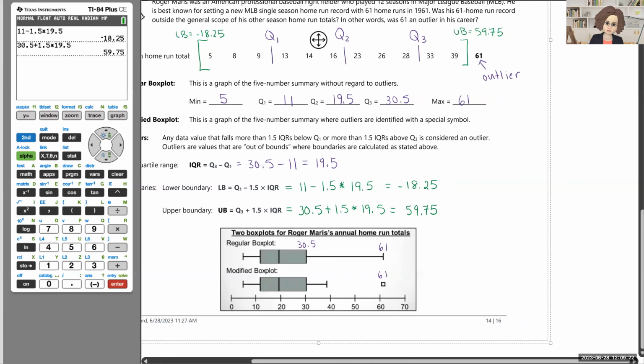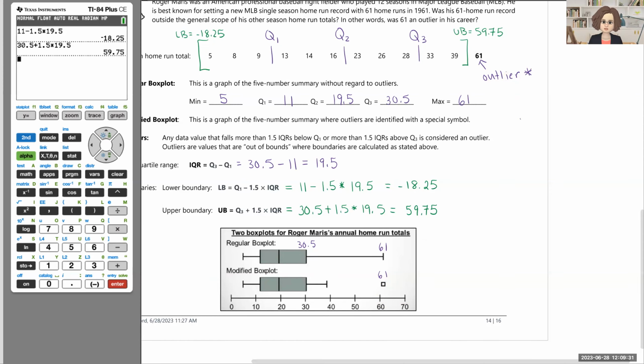And I will generally use an asterisk for that. The symbol doesn't really matter. Down here, it's a little rectangle, but some symbol to tell people that we consider that different enough to designate it as an outlier compared to his other seasons. All right, on the low end, there's no values that are falling beyond the lower boundary. So our only outlier here is our 61.